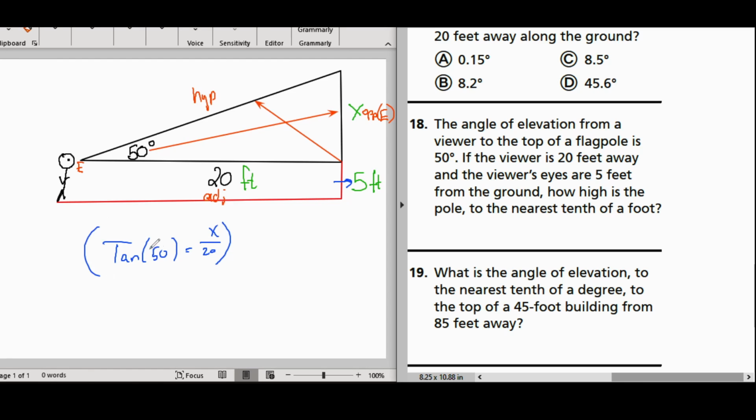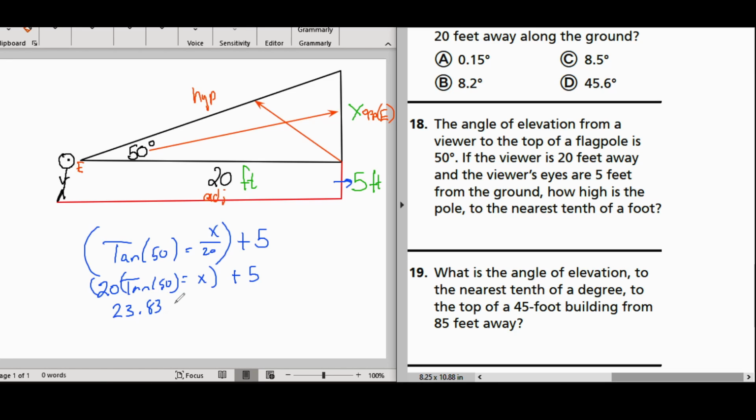So what I'll do then, just to show it mathematically, is this. I'm going to solve for x first, and then I'm going to consider that. So inside the parentheses, since I have to do that work first, this is going to give me 20 times tangent of 50 is equal to x. And then I need to tack on that plus 5. So I'm going to go ahead and solve for x here, and that's going to give me 23.83, to the nearest tenth, yeah.